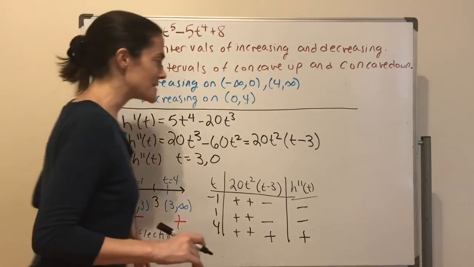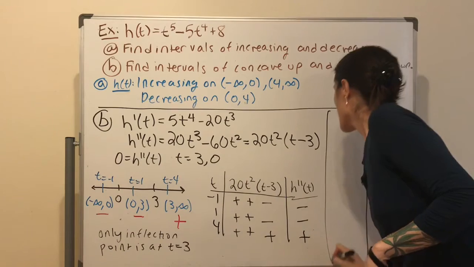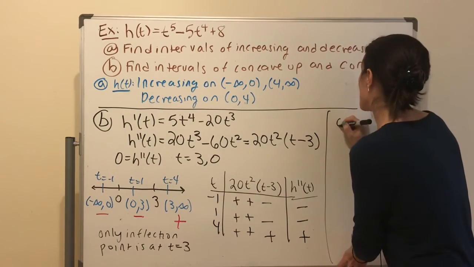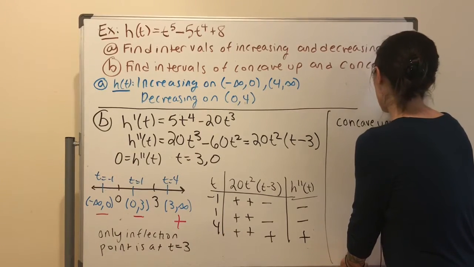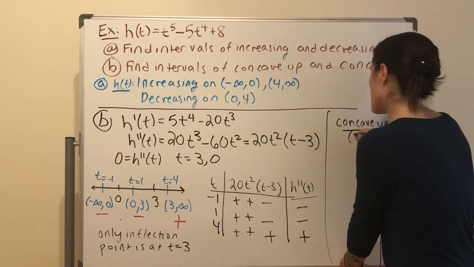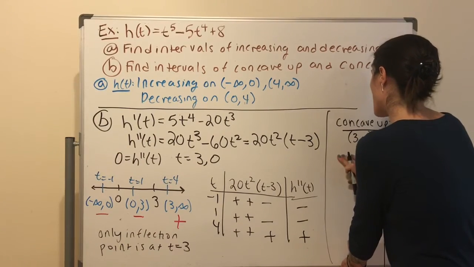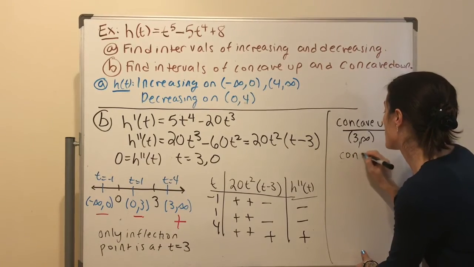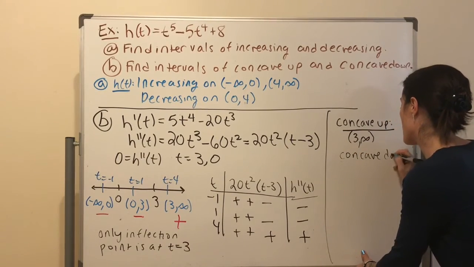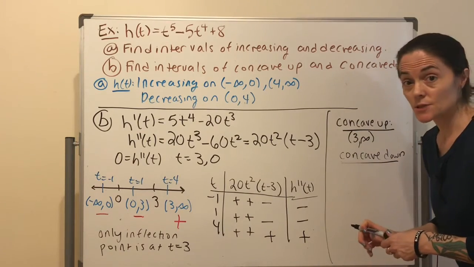So now let me just finish this maybe over here. The function h of t is concave up only on one interval, 3 to infinity, and it's concave down well, I personally would accept two different answers.